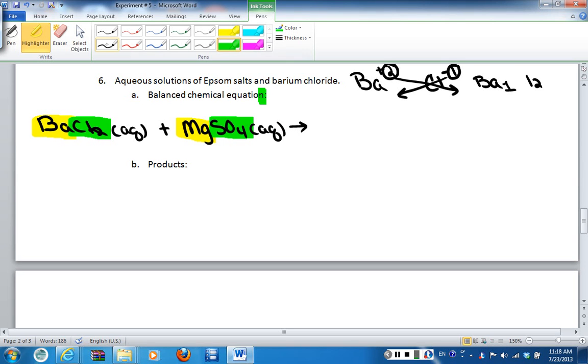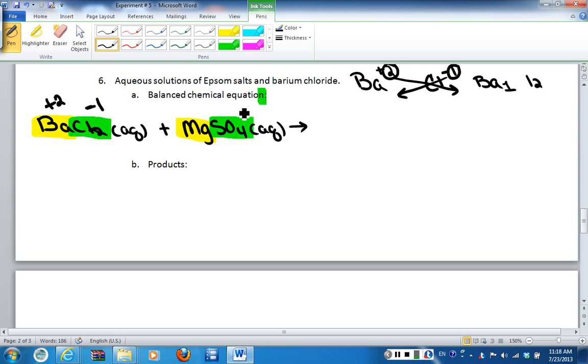Now again, it's going to be very helpful for you to go through and indicate what the charge is for the original compounds, for the cations and anions. So we know that barium has a +2 charge. We know that each of the chlorines has a -1 charge. If we look at magnesium sulfate, we know sulfate is a polyatomic ion.